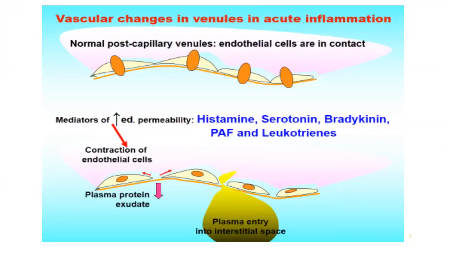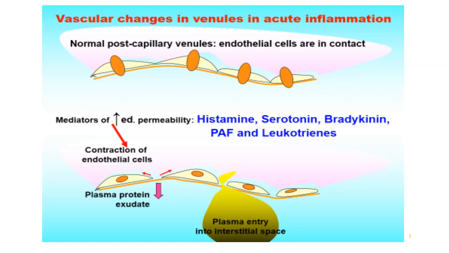This figure shows the vascular changes in venules in acute inflammation, which are responsible for the immediate transient vascular leakage. Normal post-capillary venules are lined by intact endothelial cells, and there are no gaps between the endothelial cells.